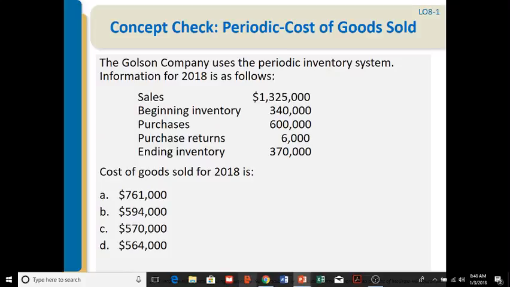All right, so you're going to take you got beginning inventory at 340. Your net purchases is 594. So what is that?